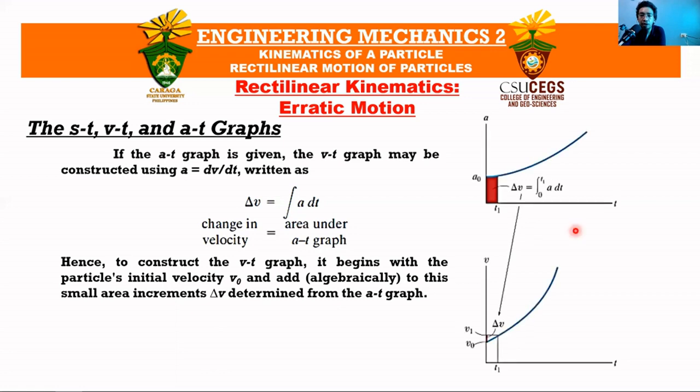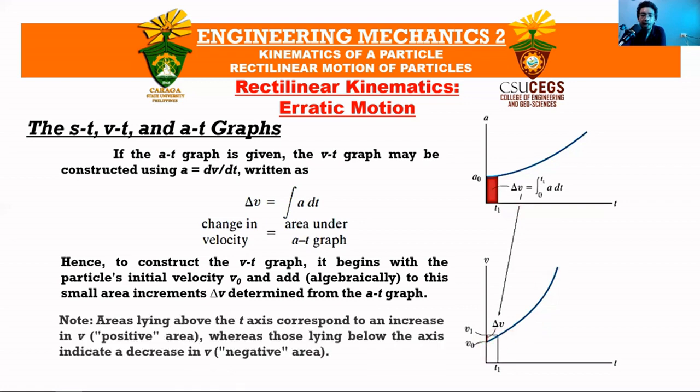So if this is your a-t graph, the small area increments here that are represented as the delta v are your points to consider to form the v-t graph. And take note, areas lying above the t-axis correspond to an increase in v, that is the positive area.